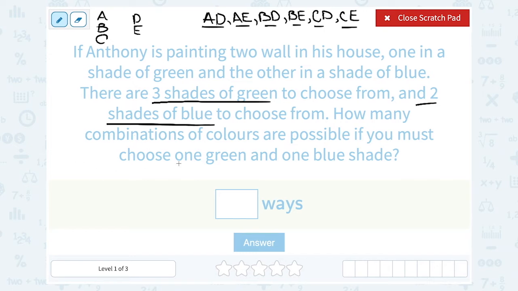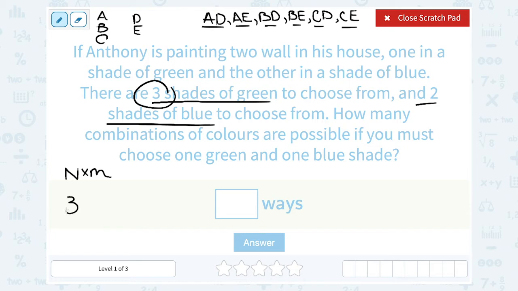The counting principle tells us if there are n possible ways of doing one thing and m possible ways of doing another, we can multiply those 2 things together and say n times m represents the total possible combinations. So if we look at that here, there's 3 ways of picking a green color, right? There's 3 different greens to choose from.